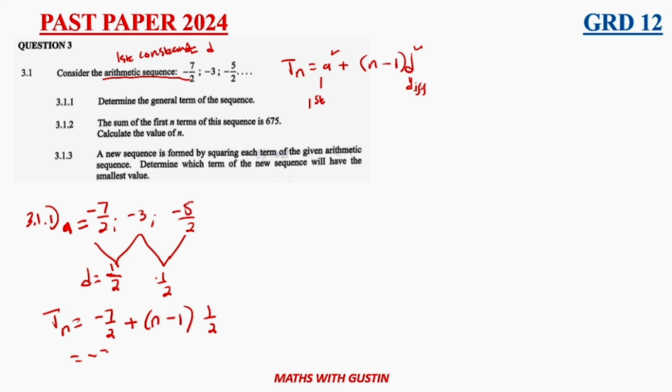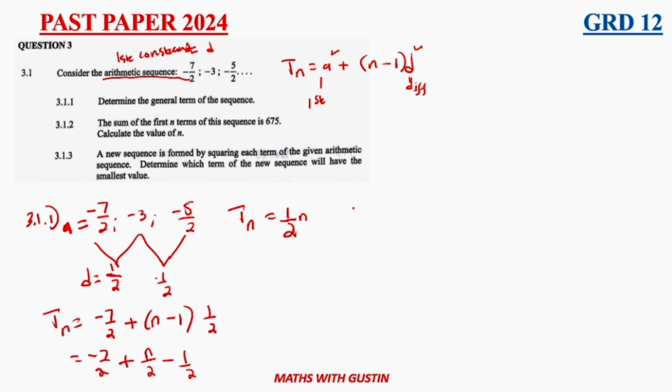When you simplify this further, you would have plus 1 over 2 n, minus 1 over 2. In simple terms, you can simplify it, and your answer should be 1 over 2 n.